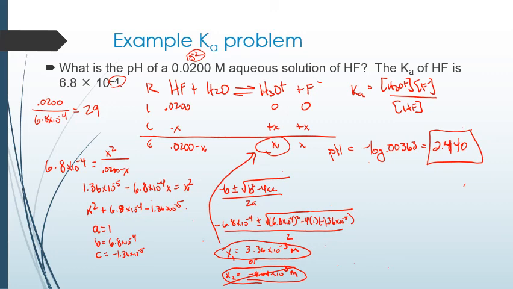Now, just as a point of reference, if it happened to ask us for the HF concentration, I could then take the 0.02 minus the 0.00363, and we'd have a final concentration of 0.01637. So we could plug that in.